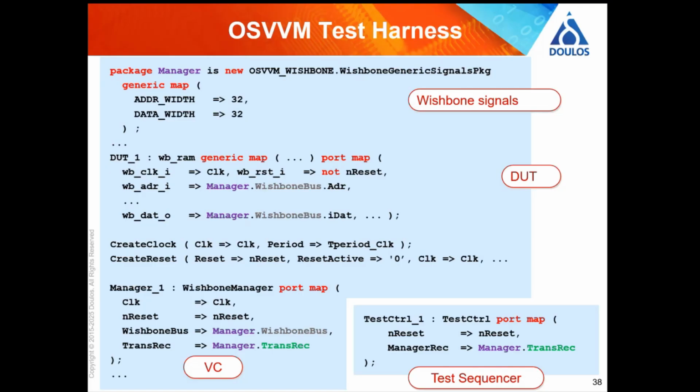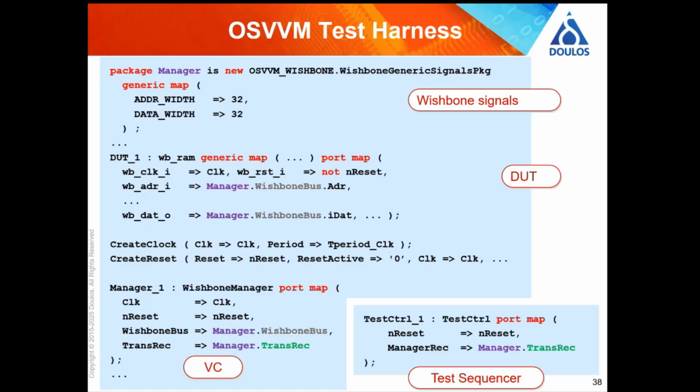And then we've got a concurrent procedure call generating a clock, and another concurrent procedure call generating a reset. That's just IP that you get with OSVVM. And then we've got this component called the manager. That's the verification component itself. That is a Wishbone bus functional model, a Wishbone driver and monitor.